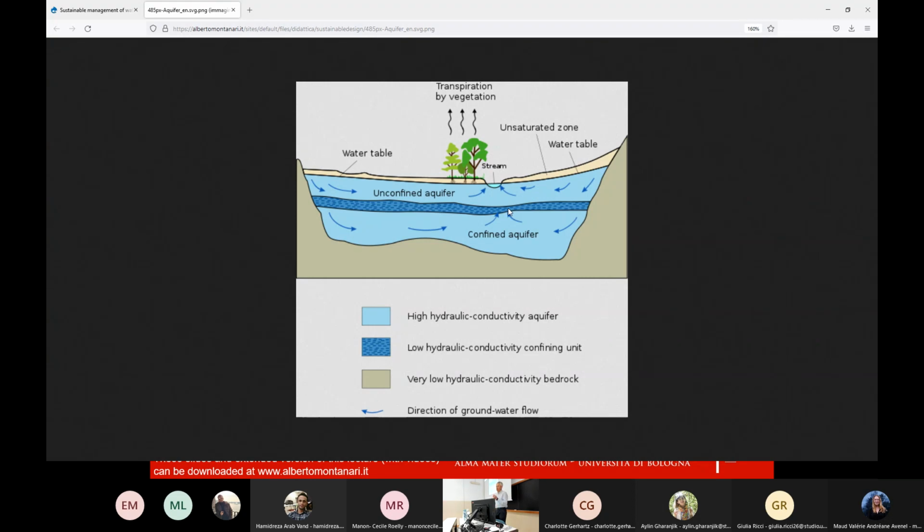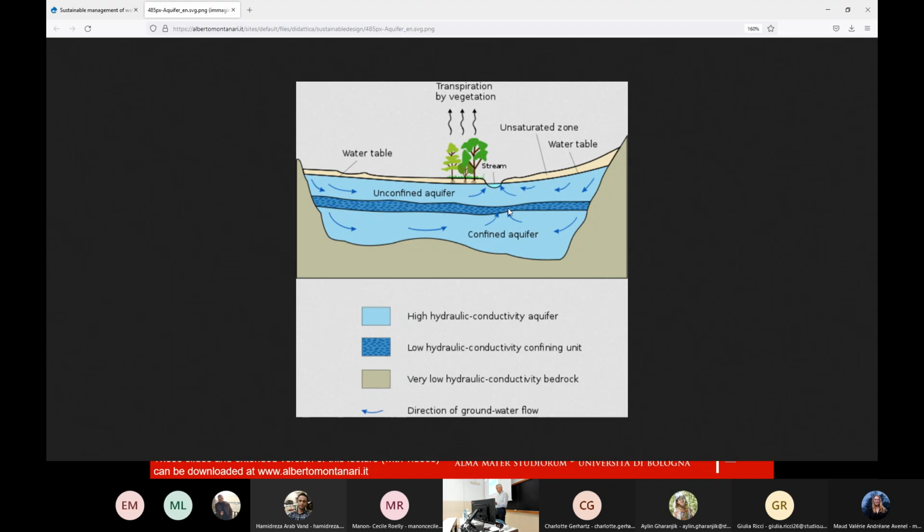I wouldn't say that this is a general law, but of course, if you have two aquifers superimposed on each other, and the lower aquifer has a lower permeability, then it can become indeed a confined aquifer, because the lower permeability basically makes the infiltration of water slower, but the result is that also the exfiltration of water is lower.